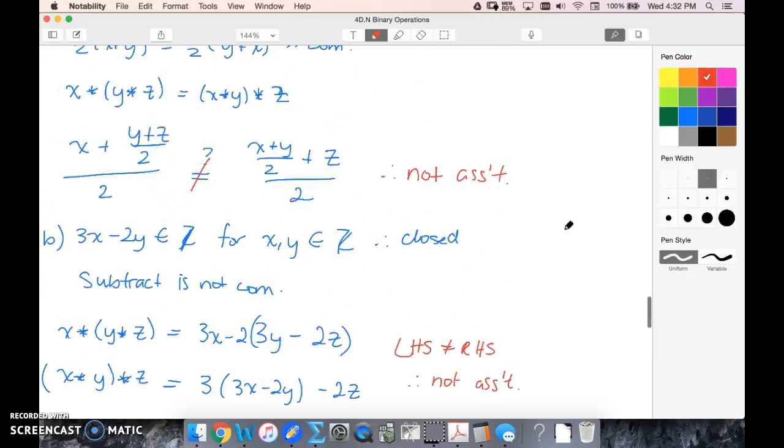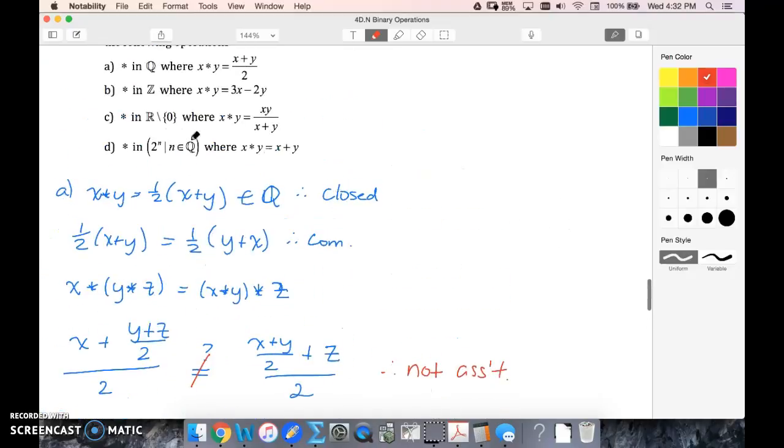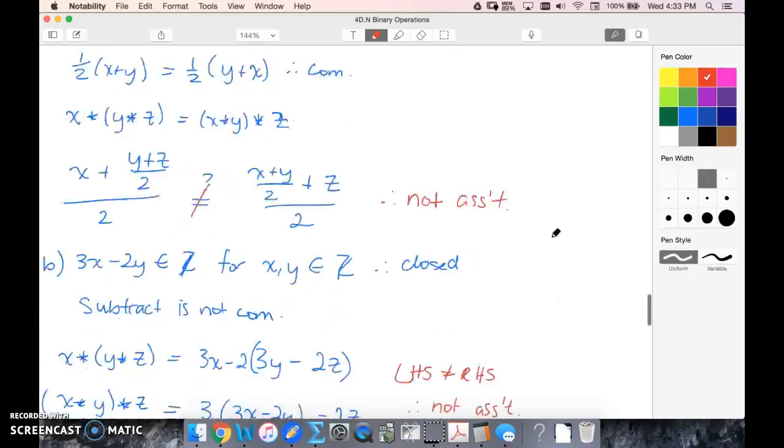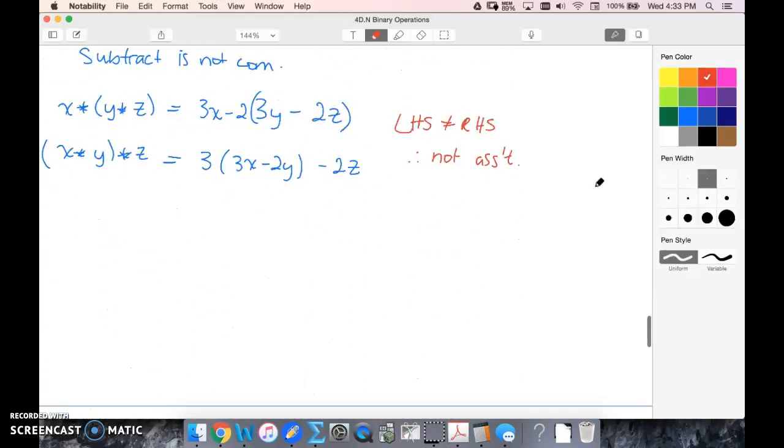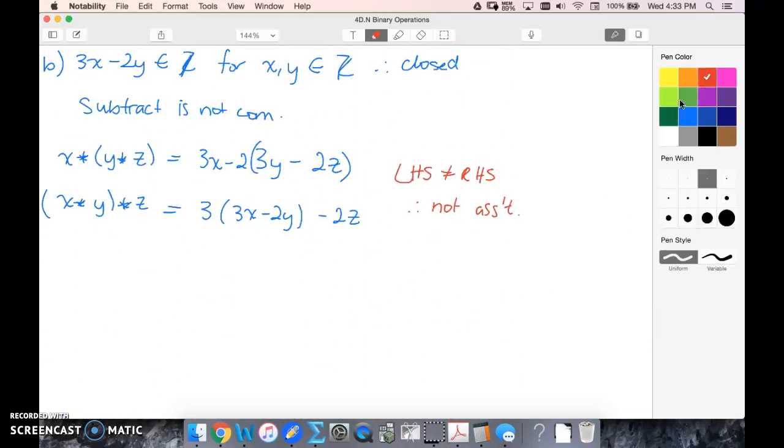All right, example C. Now we've got the reals excluding 0, xy over x plus y. If we think about whether this is closed or not, xy over (x plus y), well, if x is equal to 1 and y is equal to negative 1, I'm going to end up with a value that is not an element of the reals.